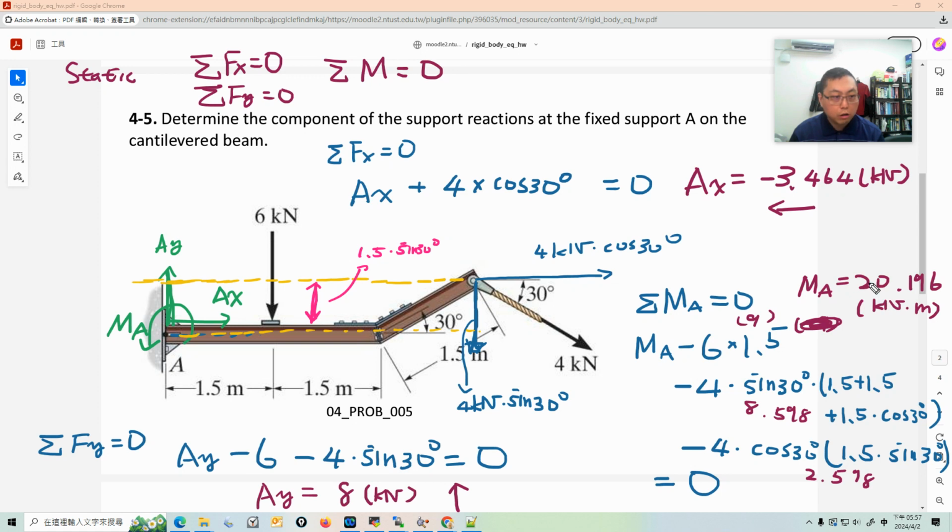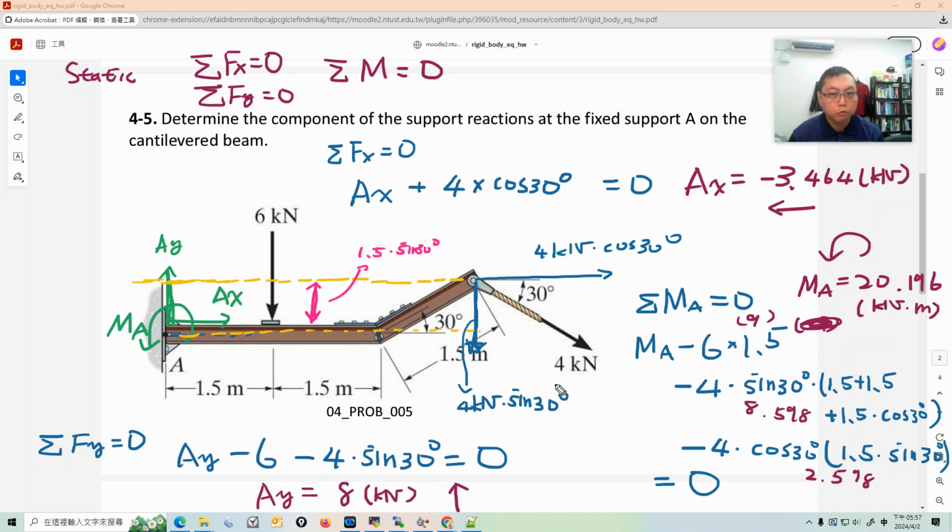We get a positive value. We initially assumed the reaction moment is counterclockwise positive, and we obtain a positive answer. That means it's really counterclockwise. So that's the reaction force calculation for this problem.